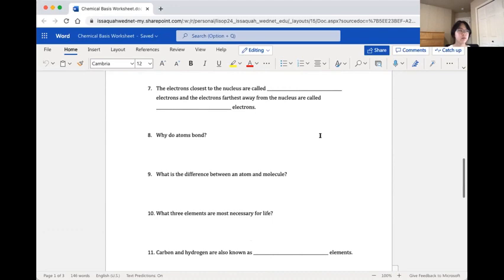And so number 8, why do atoms bond, or why do they stick together? A molecule is made of 2 or more atoms.